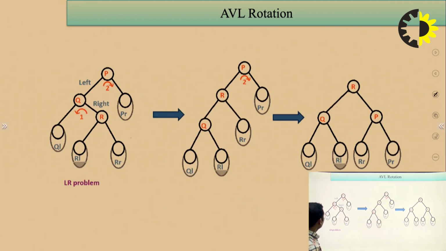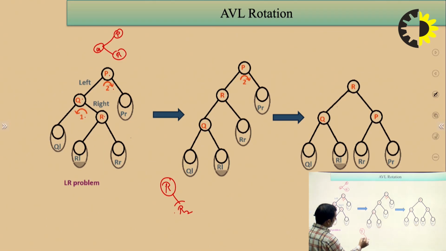Now, in this situation, P, Q and R are connected in this manner: this is P, this is Q and this is R. In this situation, 2 rotations are required, first at Q and second at P: a left rotation at Q and a right rotation at P. In the first rotation, rotate at Q, and R will come upside, and this branch is untouched, R left side.